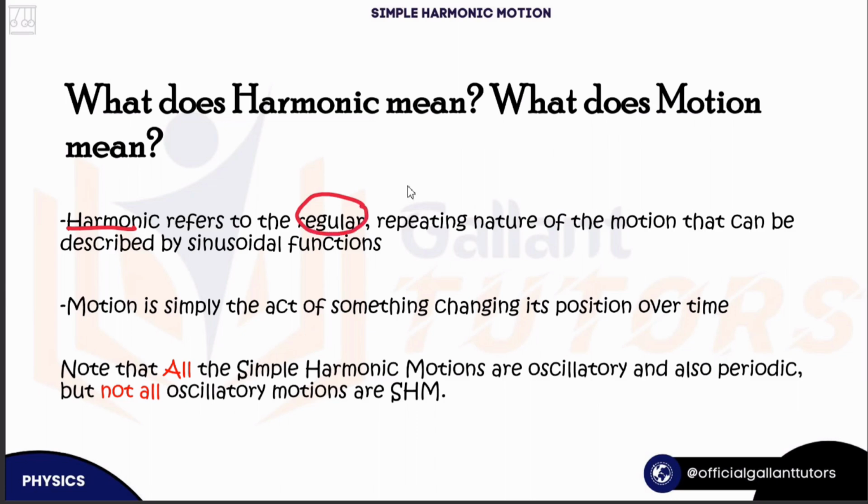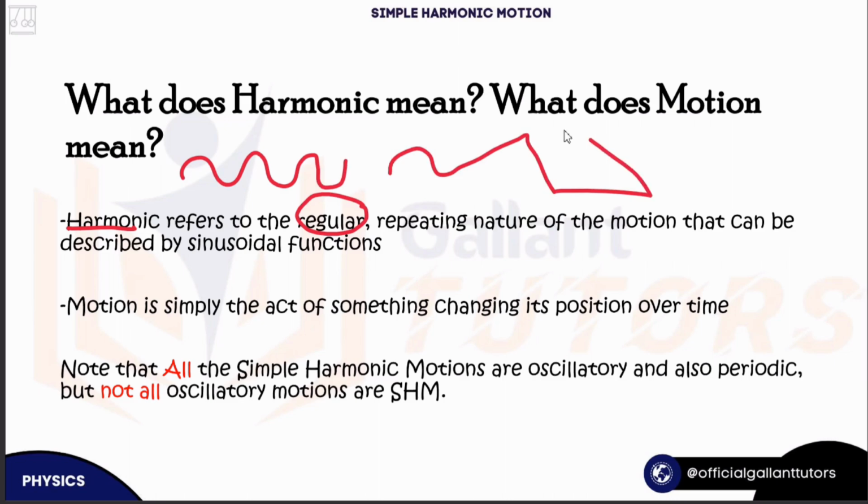So if it's moving like this, then it continues moving in that direction. Not that it will move like this, then go like this, then come here, then go here, then come back. No, it's regular. Is that correct? So what we know about simple harmonic motion is that its kind of motion is regular.